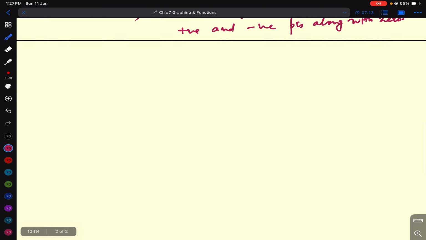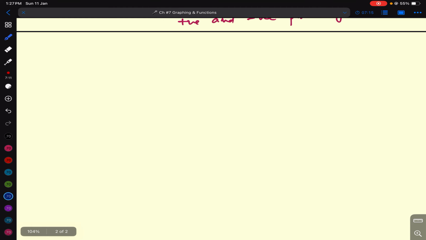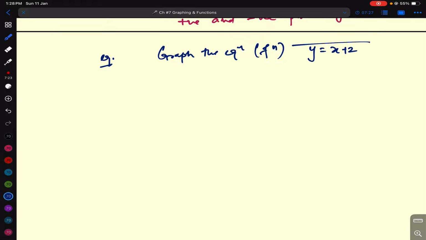Now let's see an example that will make things more clear. The first example is you have to graph the linear equation, or function, y is equal to x plus 2. Now how do we graph this linear equation?